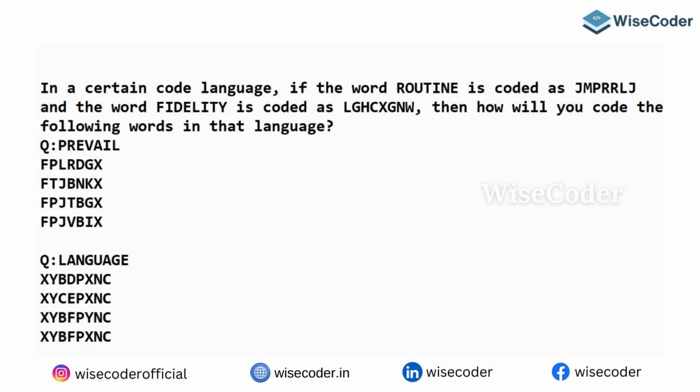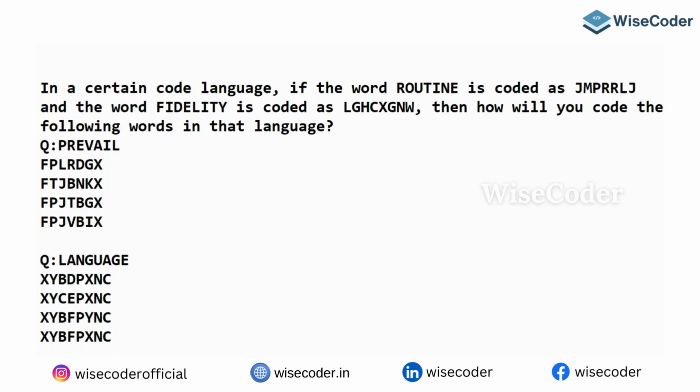In a certain code language, if the word routine is coded as this and fidelity is coded as this, then how will you code the following words in that language? So this is a coding language question, and you need to figure out the logic first.